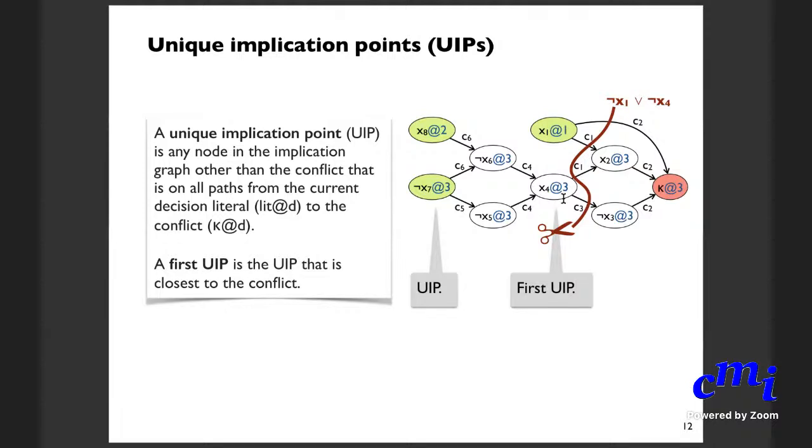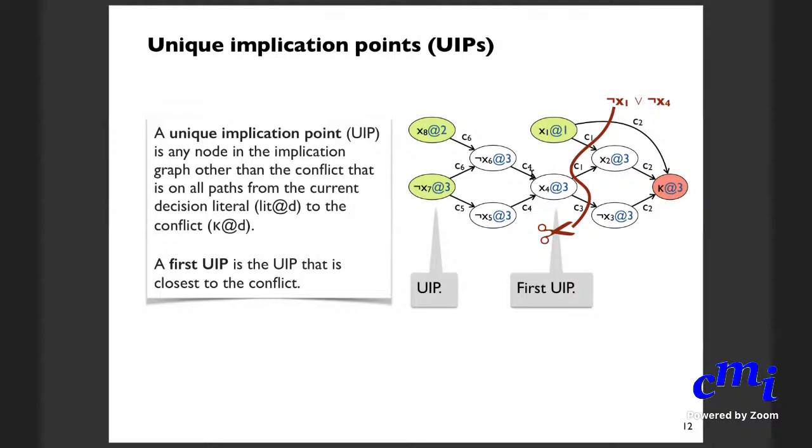This clause has not of X1 or not of X4, so you will backtrack to level 1. If you used a conflict clause with the unique implication point as the source, then you would be backtracking to level 3, of course.